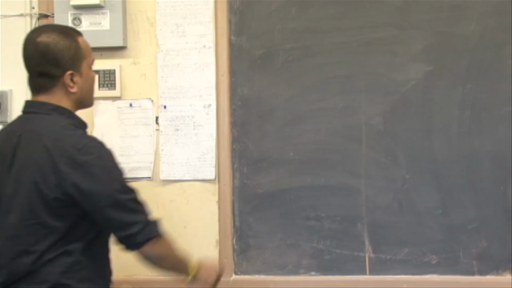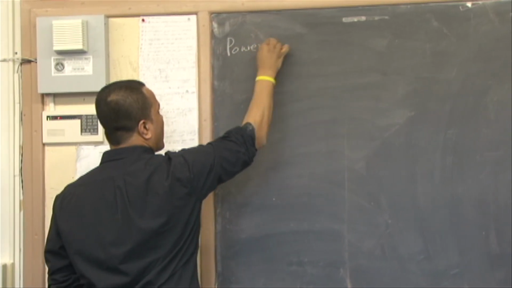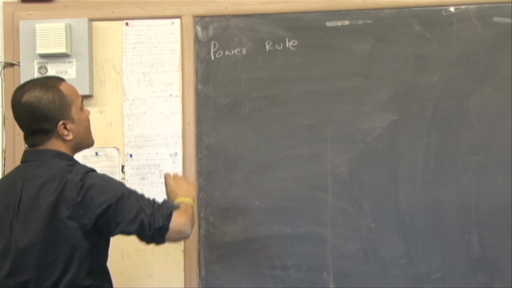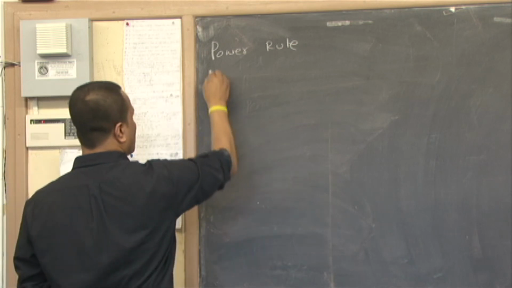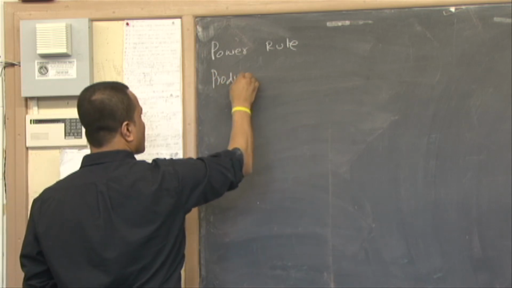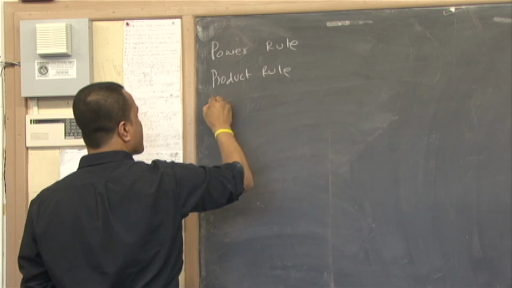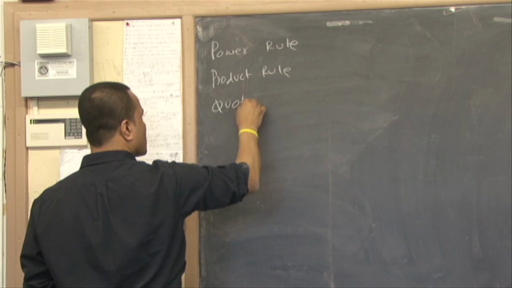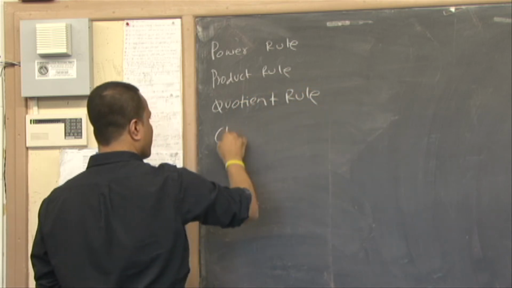We're going to discuss the power rule, and we're also going to discuss the product rule, and then the quotient rule, and the chain rule.